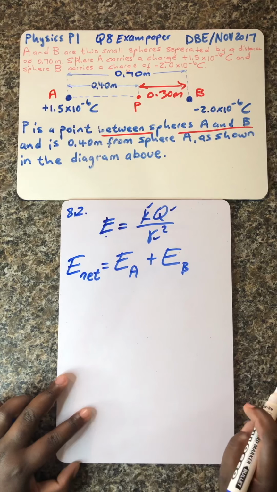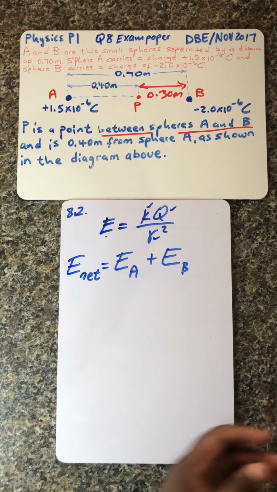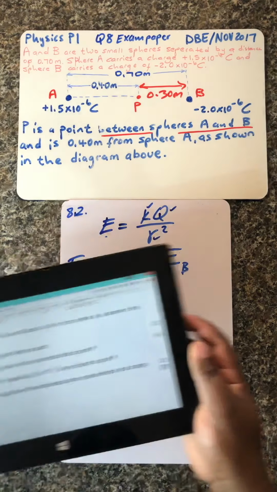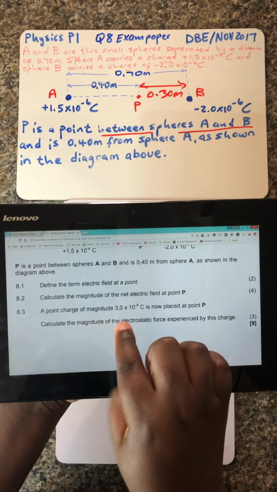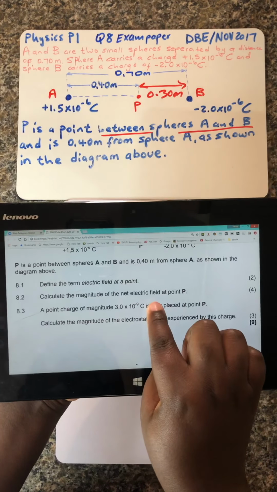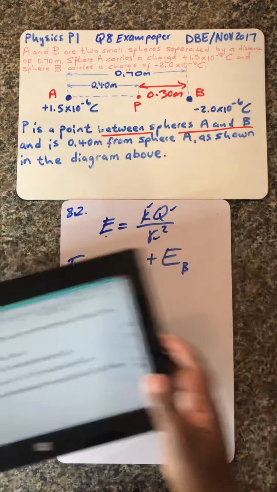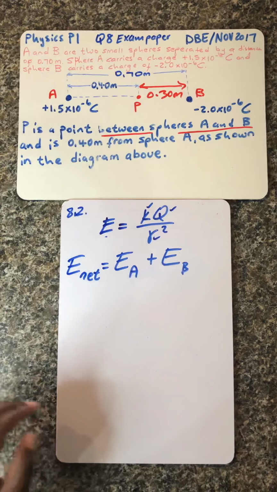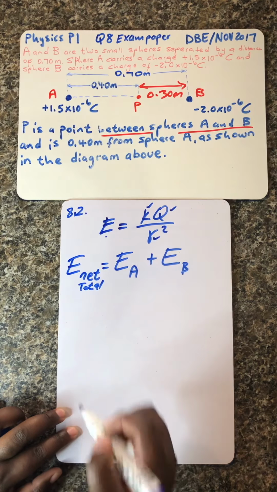Remember, guys, it is very important to note this on this question. Calculate the magnitude of the net electric field. I just want you to note that it is the net electric field at point P. The word net means total.